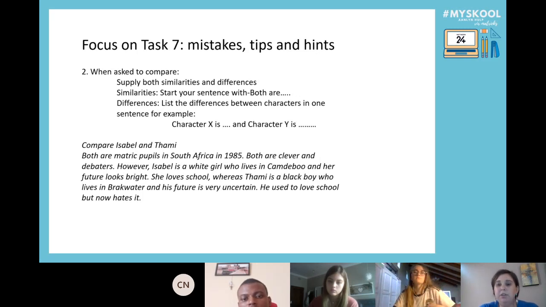Marley, if I asked you to compare, for example, Kamdebou and Brakwater, how would you do that? I would say Kamdebou is a rich neighborhood where people have everything they need and they can get anything they want, where Brakwater is an informal setting that doesn't have much resources and people don't live like they do in Kamdebou, but both are situated around the same location.